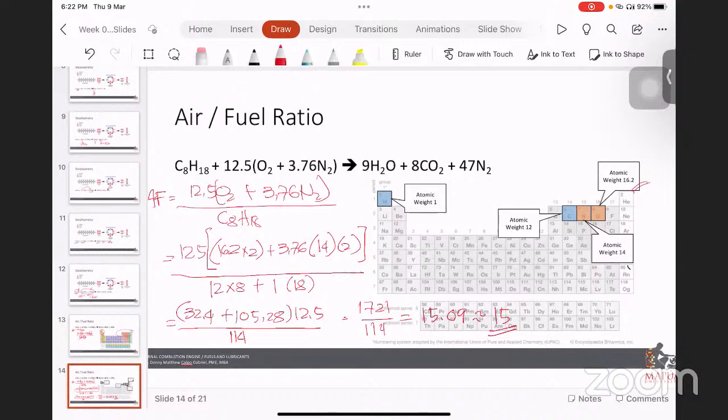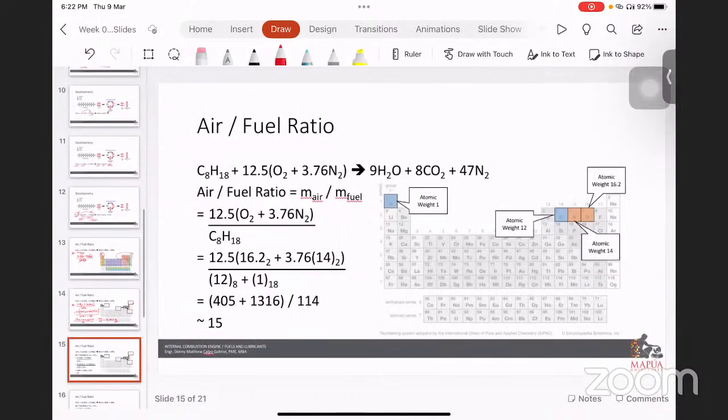So kapag naglagay ka ng fuel, some of it doesn't undergo. Minsan kulang ng air, minsan sobra ng air, kaya minsan hindi naaabot ng heat, kaya hindi susunog. Pero theoretically, kailangan mo ng around 15 units of air to be able to burn off all of your 1 unit of your fuel.